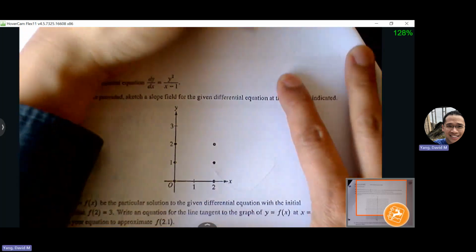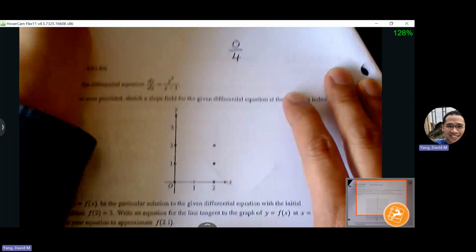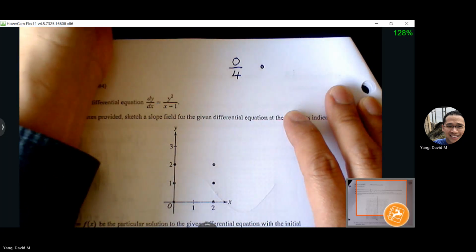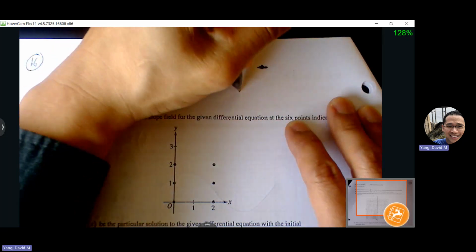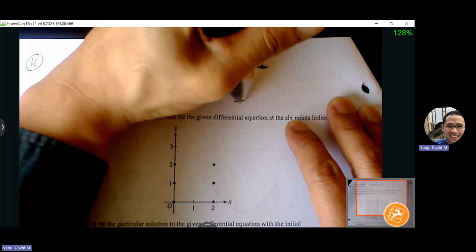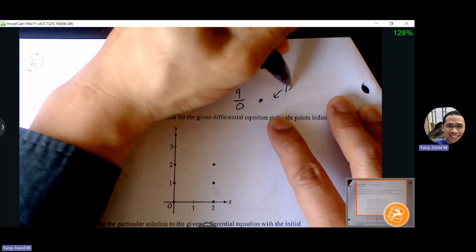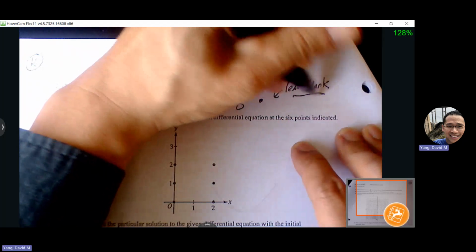Let me just remind you of a couple of things here. What if I get a slope of 0/4? How would you represent that on the slope field? Horizontal line. Okay. What if I had 9/0? How would you represent that? Leave it blank. Good. Some students want to do a vertical line, but that will be incorrect. So you'll leave it blank.